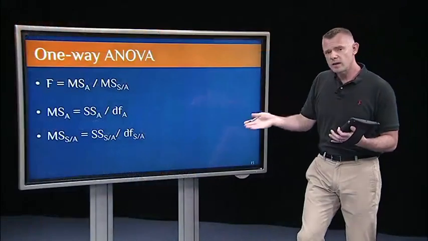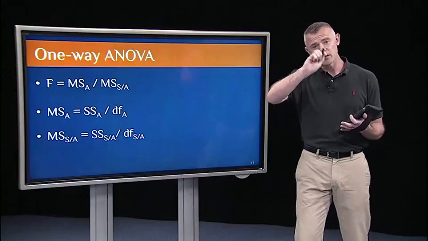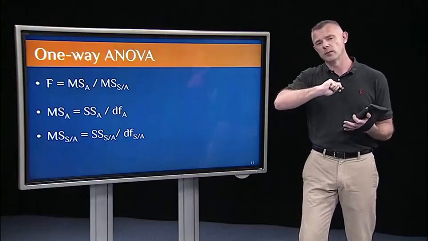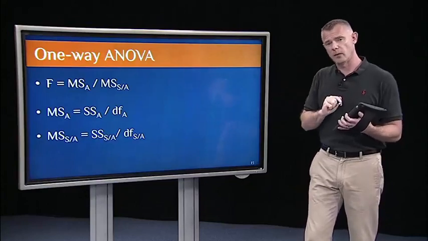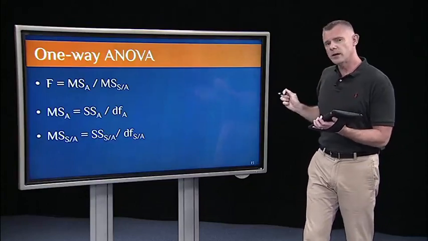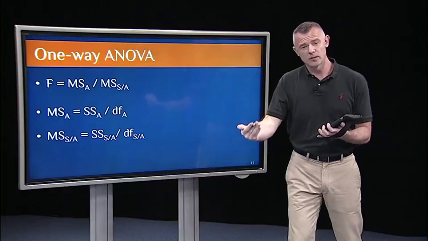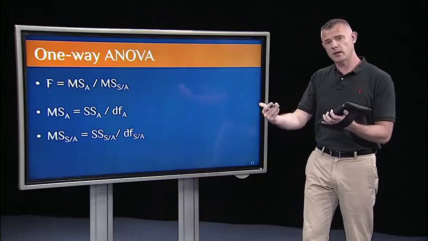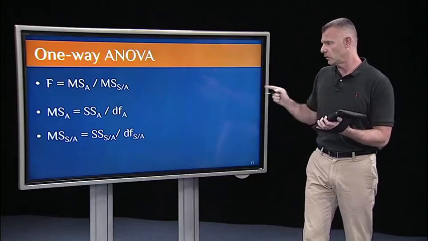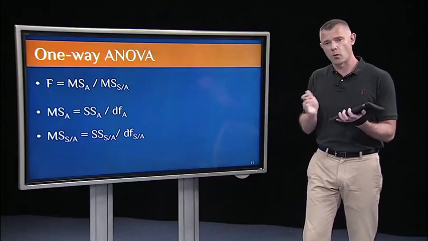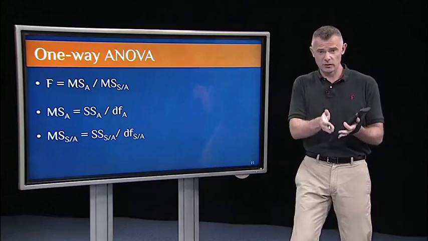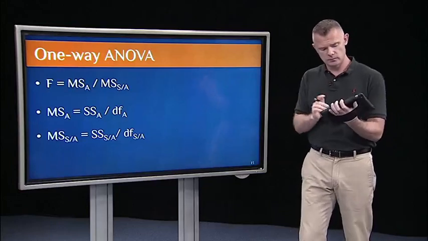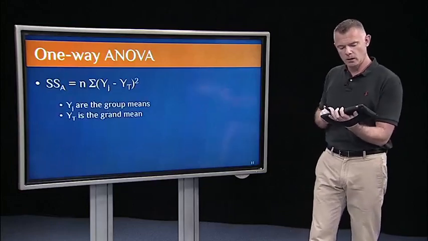And then within groups, we'll look at each individual within a group and see how much they differ from their group mean and calculate variance within groups that way. So degrees of freedom is always the number of terms that go into that variance formula minus 1. So df sub A is just 4 minus 1. df S within A is number of subjects in a group minus 1 times the number of groups.